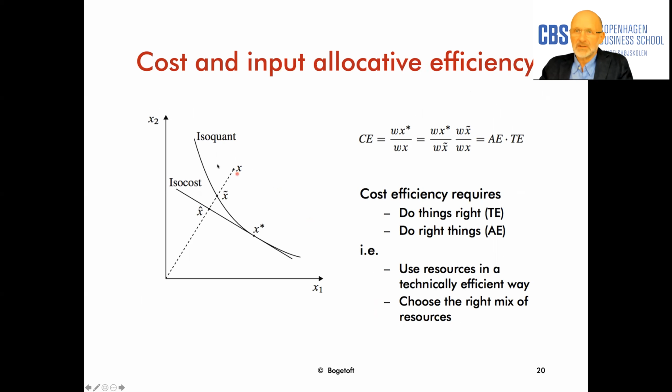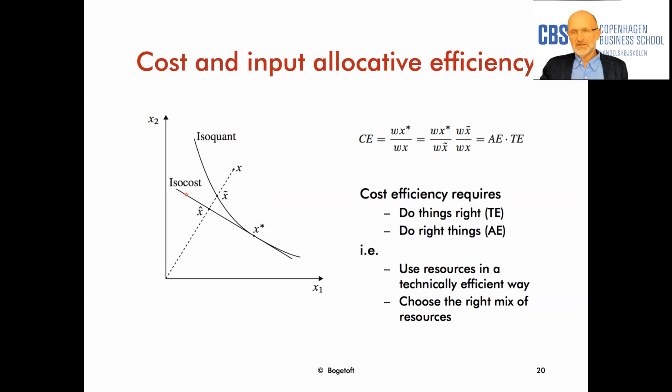I have an isoquant here. I have an isocost line, a budget line, here. The cheapest way to produce whatever output we're producing, which is fixed in this picture, so we just look at the input side, is to use this input combination X star. And that will give me this cost level here.